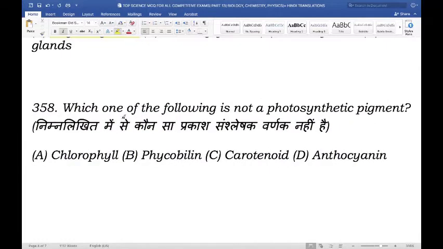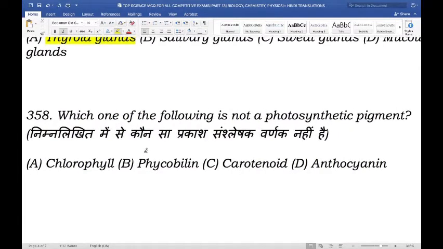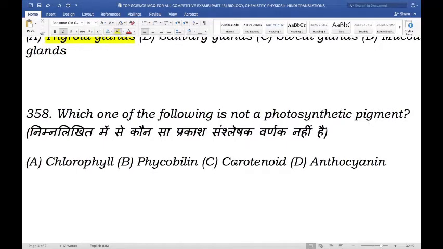Moving on, which of the following is not a photosynthetic pigment? Is it chlorophyll, phycobilin, carotenoid, or anthocyanin? So out of these options, which is not a photosynthetic pigment? And the right answer here is anthocyanin. A photosynthetic pigment is a pigment that is present in chloroplasts or photosynthetic bacteria, which captures the light energy necessary for photosynthesis.